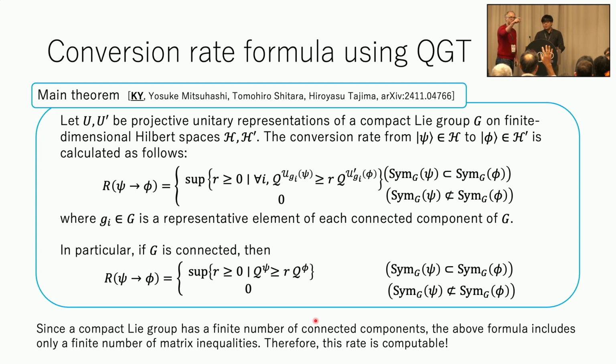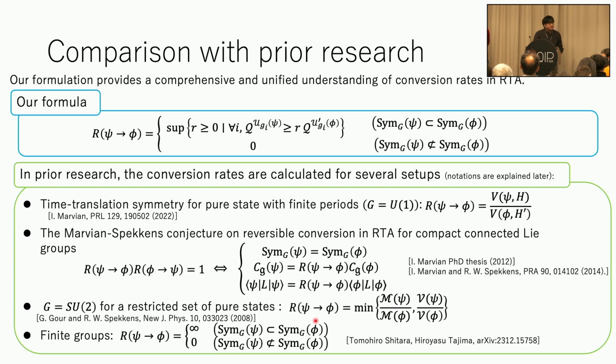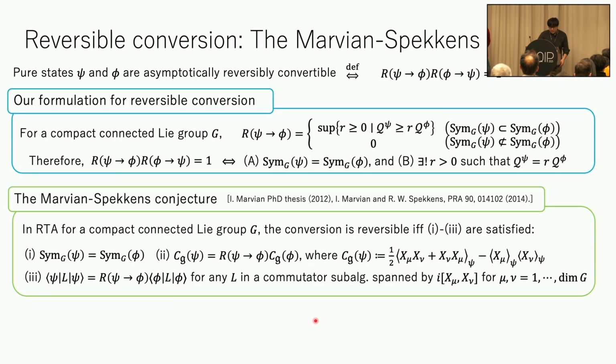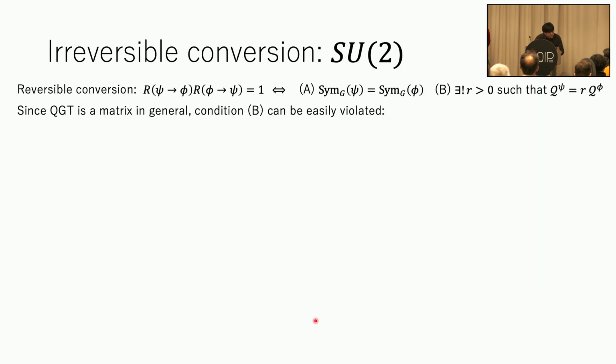Time for maybe one last question. Thank you for the great talk. My question is, why do we need compactness of the Lie group? Oh, that's a very good question. In fact, I think the converse part is valid even for non-compact Lie groups. But in the direct part where we construct a quantum channel, we first estimate the parameter G, the group element.